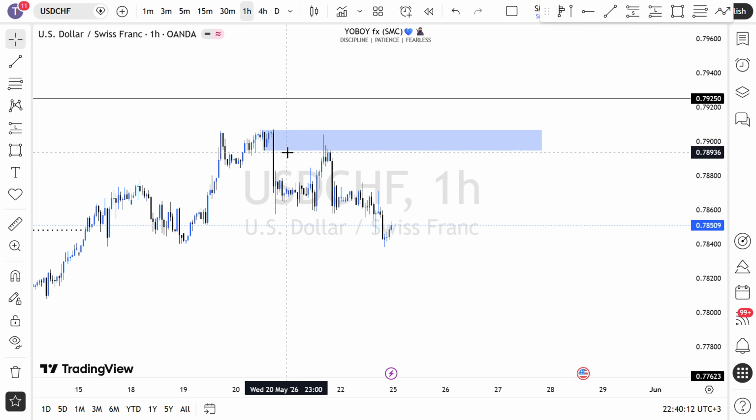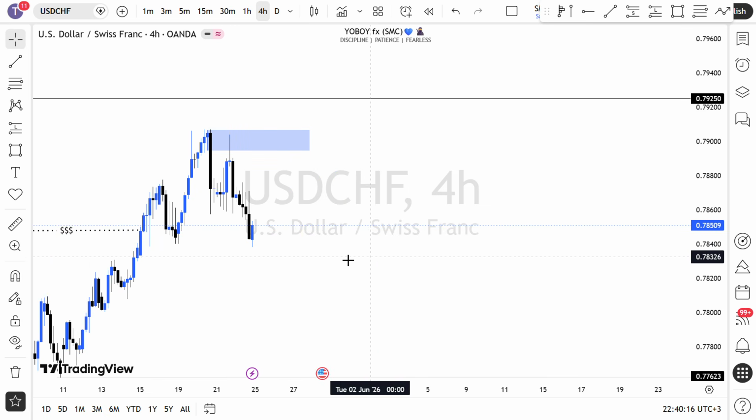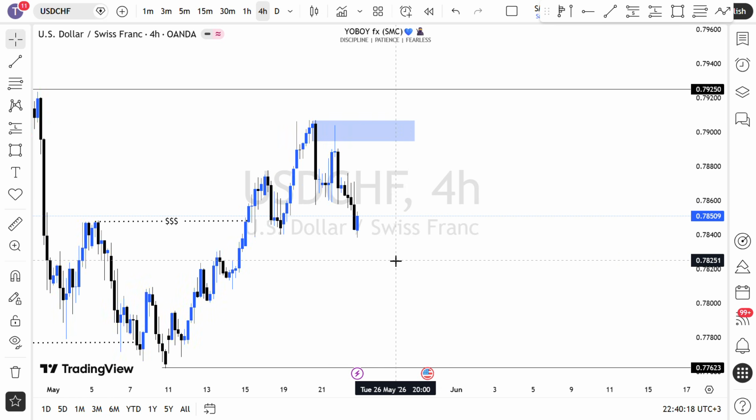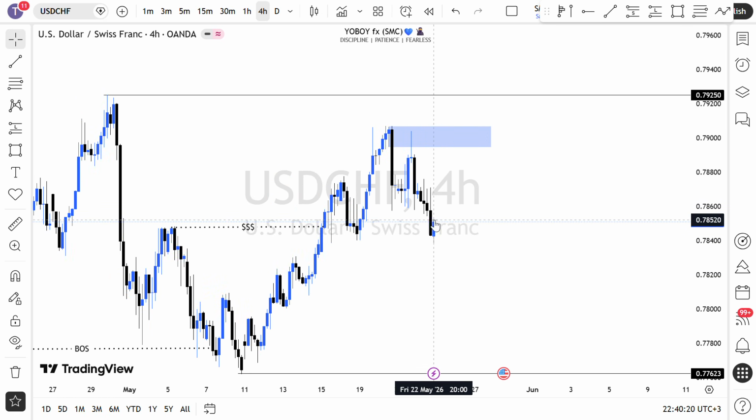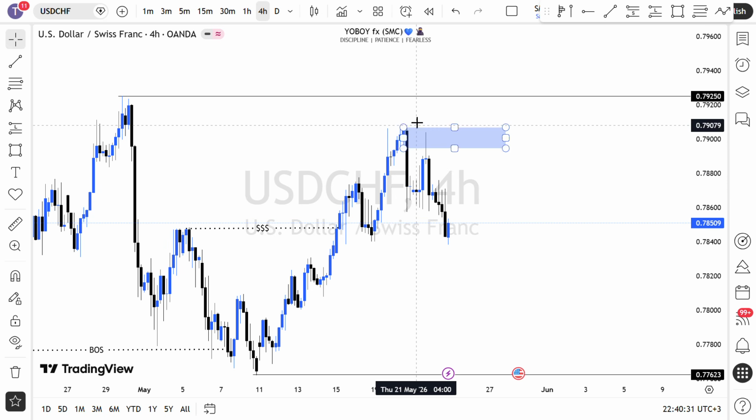So price has already mitigated that 4 hour order block, and right now, if I want to have my entry to the downside, I want to see price breaking below this low, and then we have the change of character to the downside. First of all, we had the confirmation in the 1 hour time frame, and then we had this pullback into the 4 hour order block, into this point of interest.